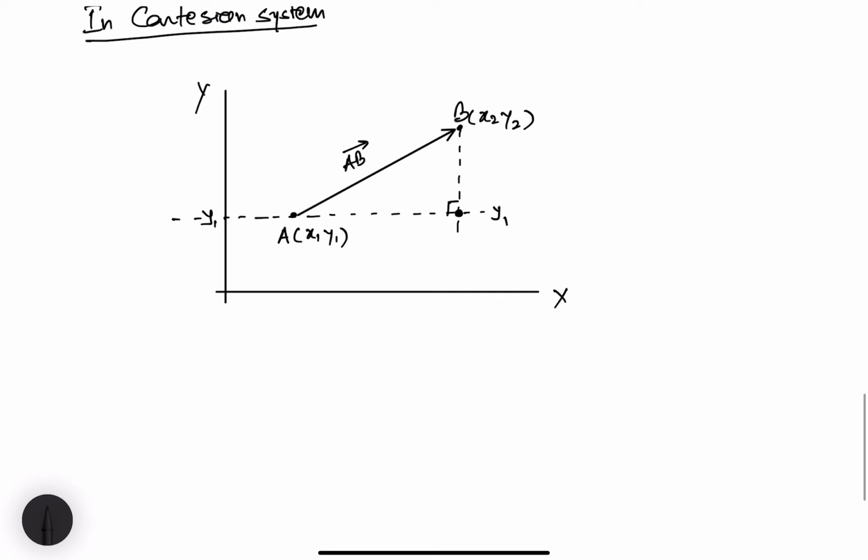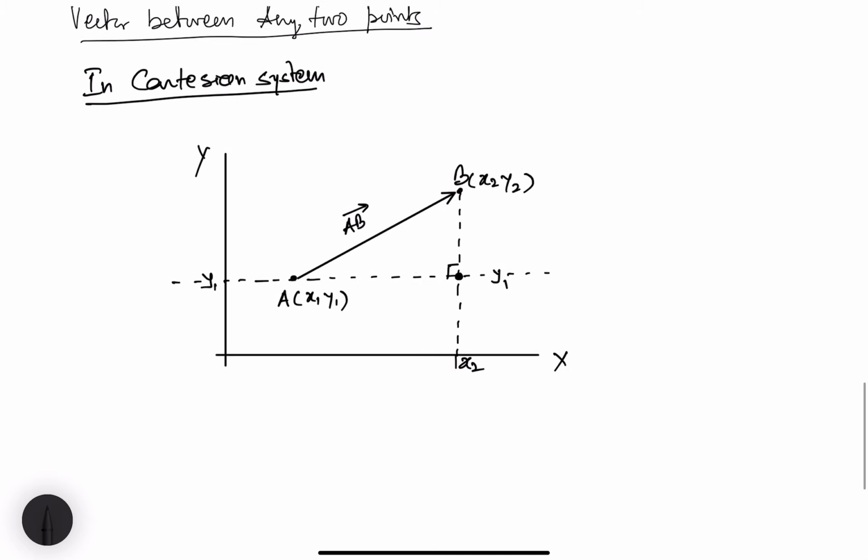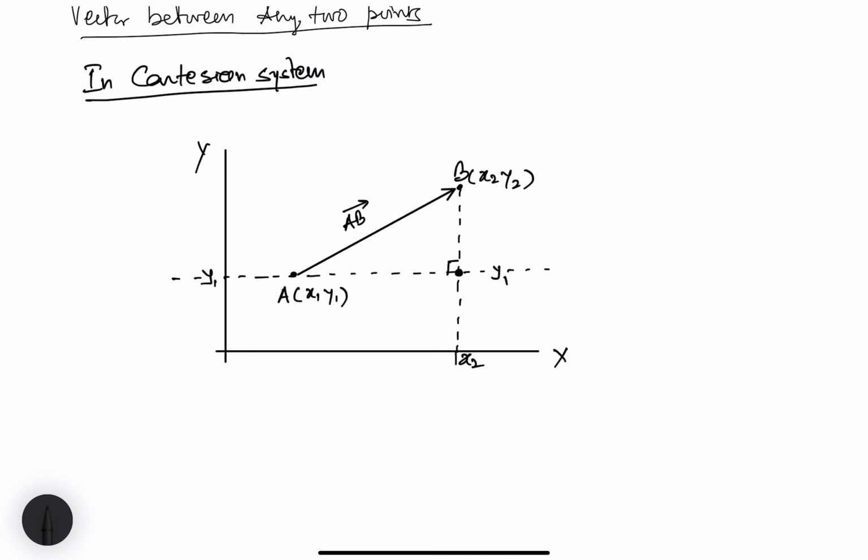It will remain the same for all the points on this line, y1. Okay. Similarly, the x coordinate of B, which is x2, will remain the same for all the points on this vertical line. So this x coordinate will be x2. So the x coordinate is x2 and the y coordinate is y1.